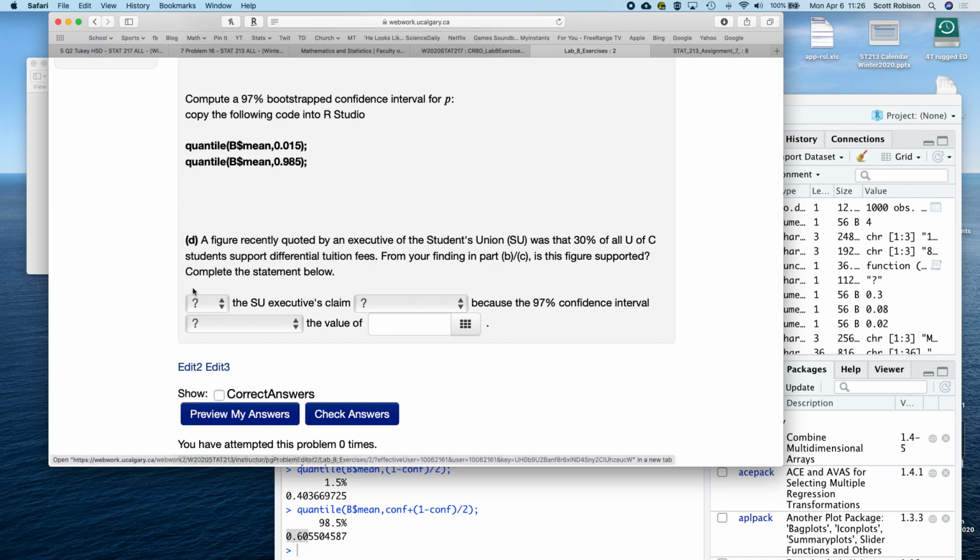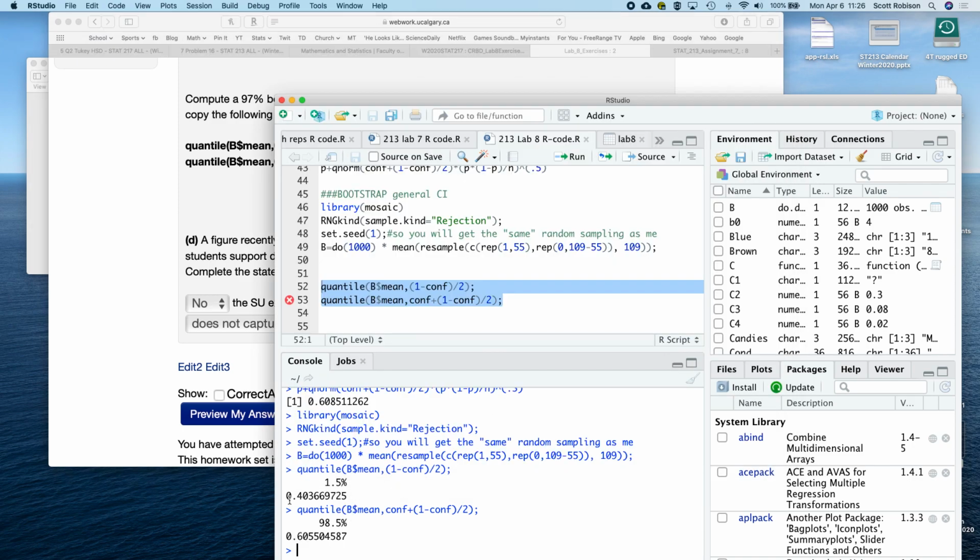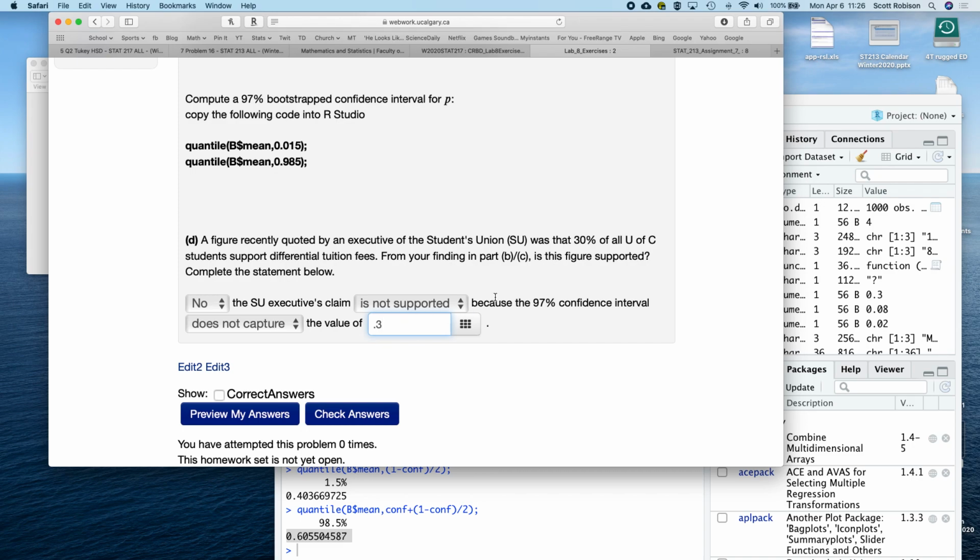So in this case, we would say no, it looks like the Student Union's claim is not supported because our interval does not capture the value 0.3, which was the value that they were saying it was. We're 97% sure that the value is in between 40%, or 0.4, and 60%, or 0.6, and that interval does not include 30%, or 0.3. So we would say that that claim does not appear to be supported.